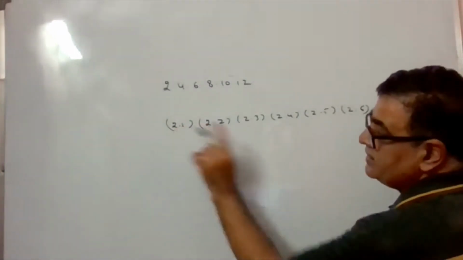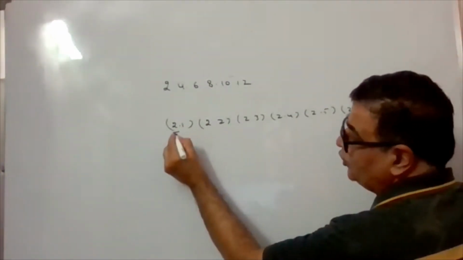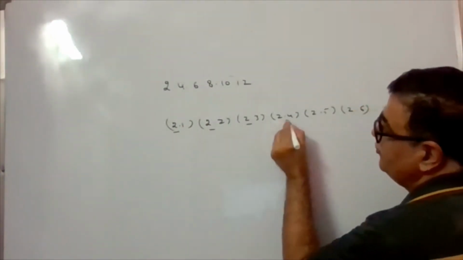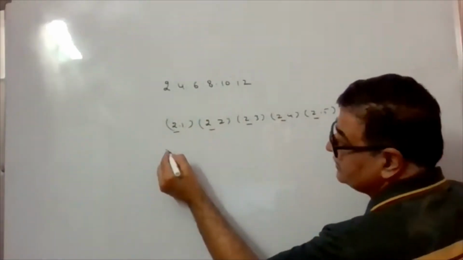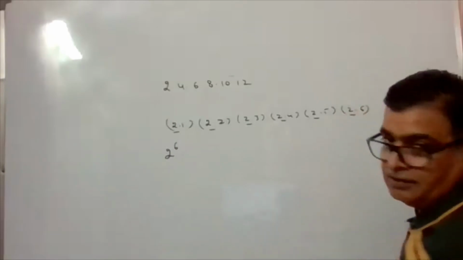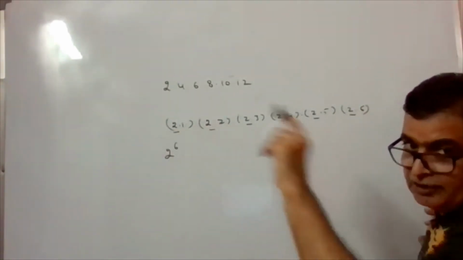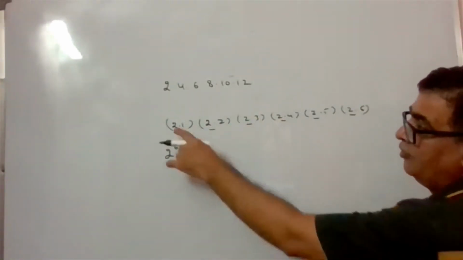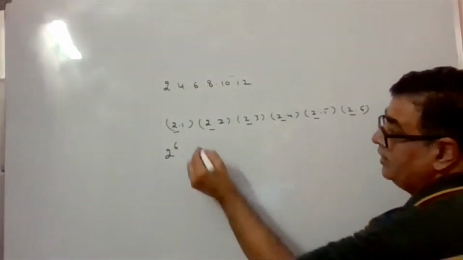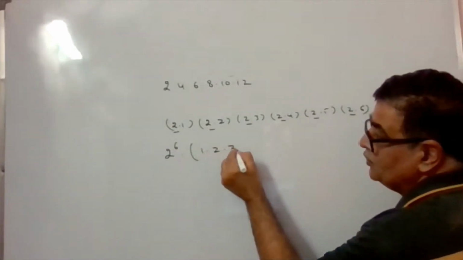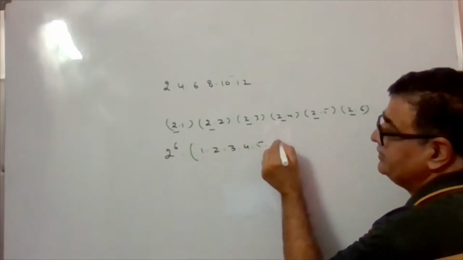These are multiplications. These 6 twos I'll take together, so that will become 2 power 6. Then 1, 2, 3, 4, 5, 6. So 2 power 6 goes out. Left is 1, 2, 3, 4, 5, and 6.